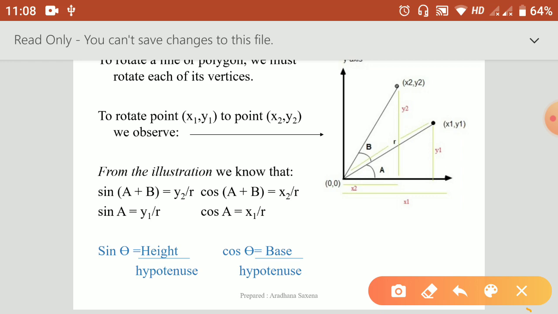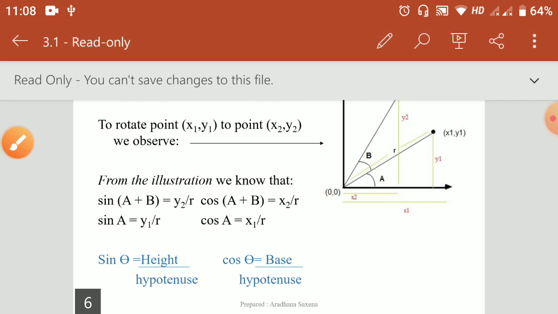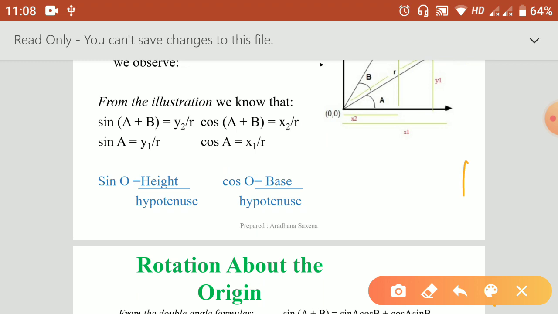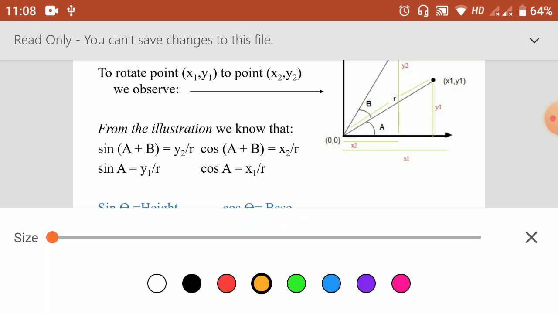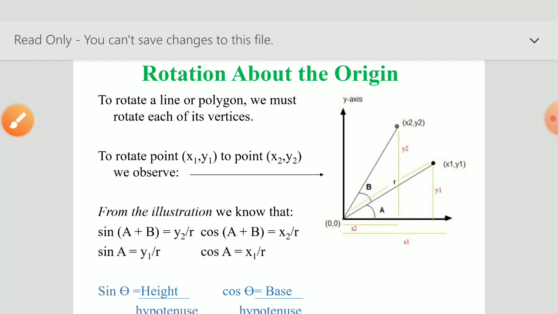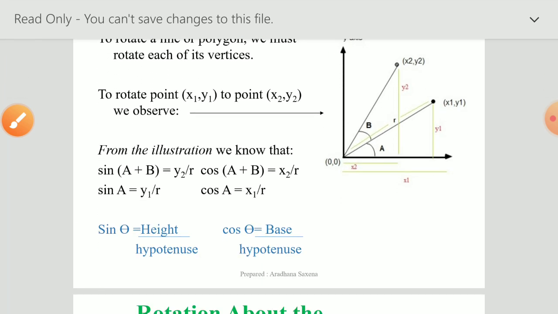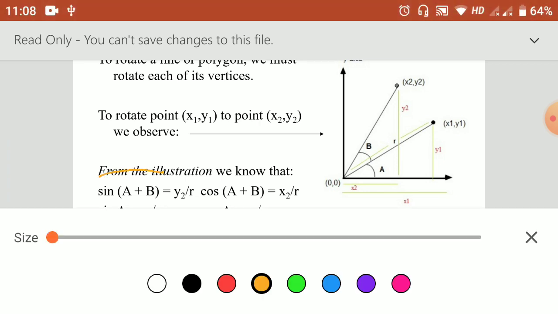For angle A plus B, the height is y2 and the base is x2. So sin A plus B, because we are checking for angle A plus B, equals this height y2. The hypotenuse is the same, this value r will be here also, so it is y2 upon r.